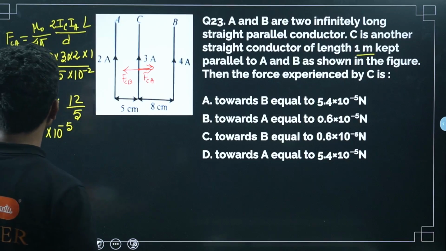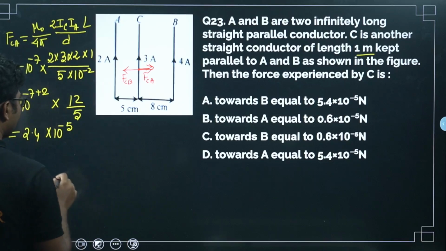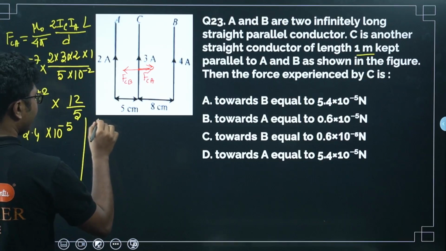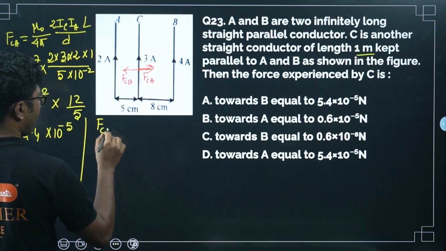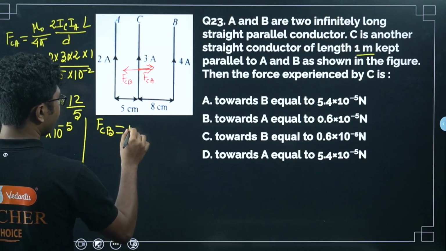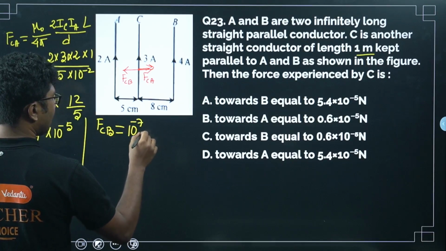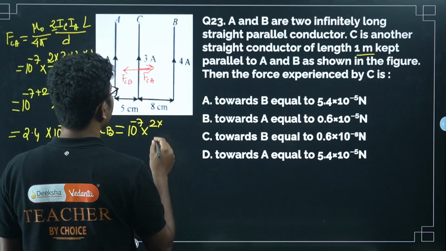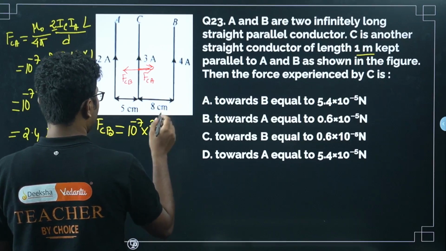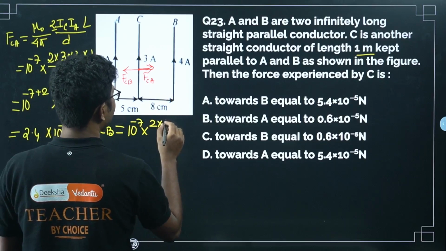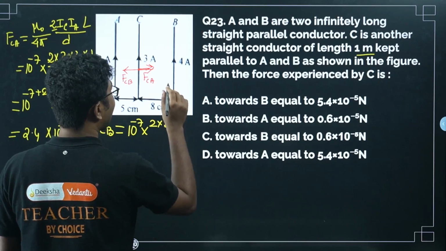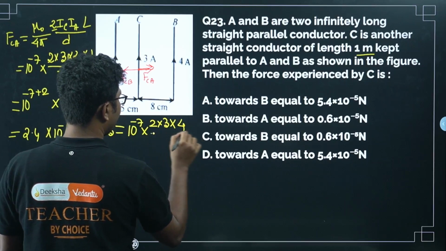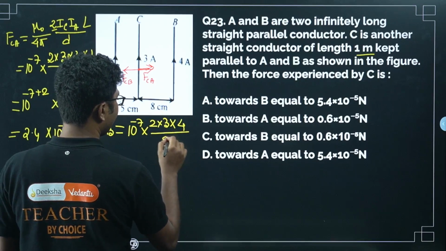Now this is the force FCA. Now let's calculate the same way. Let us calculate FCB. What will be the value? 10 to the power of minus 7 times 2. 2 is coming from the formula. IC is 3 times IB is 4, divided by the distance, which is now 8 centimeter.